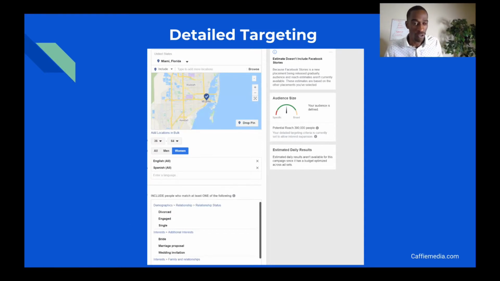Their marriage proposal, they got wedding invitations. People like to look good during these times. Now, this is just basic targeting that can easily work. There are other ways and tricks of the trade, best practices that I put in for targeting, and I can show you that.